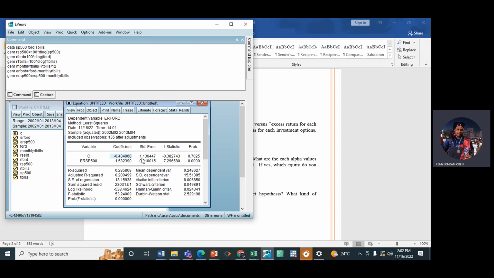Forget about CAPM. So for a normal regression, we have seen how to interpret coefficients. We have seen how to check statistical significance, t-statistic and probability value. But I'm interested in these items down here. There are some very important ones here. This R-squared, this adjusted R-squared, this F-statistic, these three are very important. I want to show you how to interpret them.